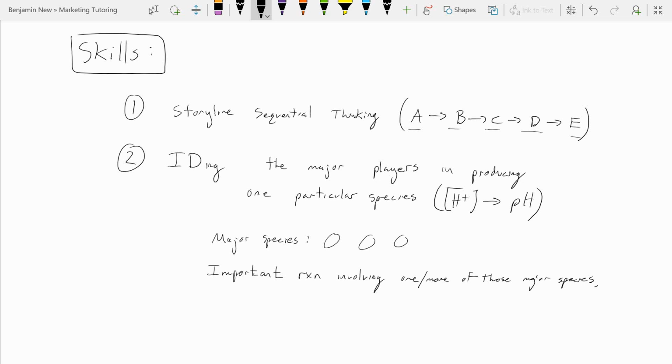And secondly, identifying the major players in producing particular species that the problem asks you about, where we identify the major drivers of change and the particular reactions that cause those change, which will involve one of those species.